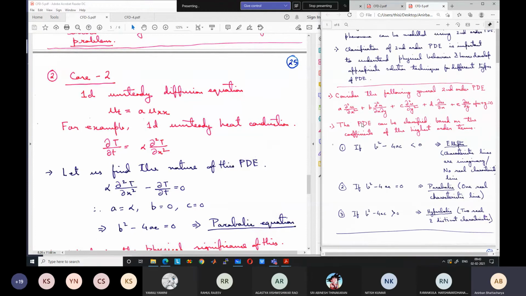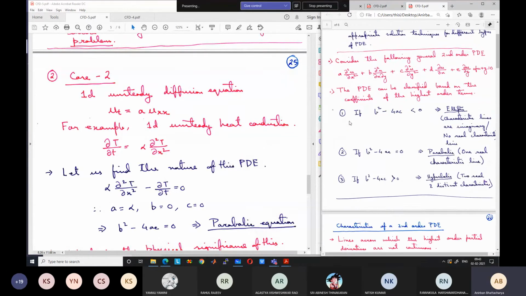So for this type of equation, let us try to see what is the value of A, B, and C. I can rewrite the equation as alpha del square T by del x square minus del T by del t equal to 0. One independent variable is x, another independent variable is t, but there is no second order term with respect to t, only second order term is with respect to x, and its coefficient is alpha.